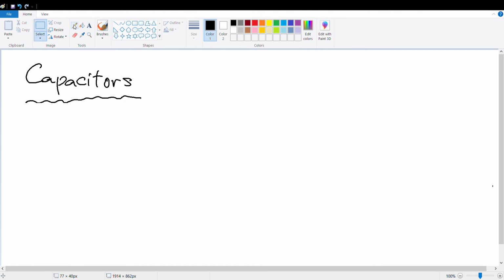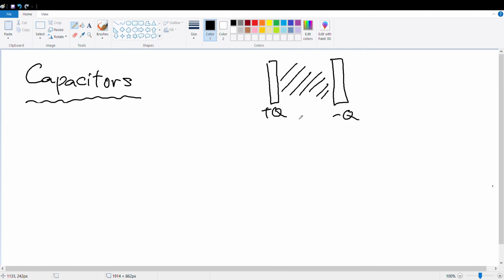Let's discuss the factors that affect the air-filled capacitor. Let's say this is our capacitor. Between these two plates, which are positive and negative, there is the free space. Since there's a plate separation, this region is the free space.